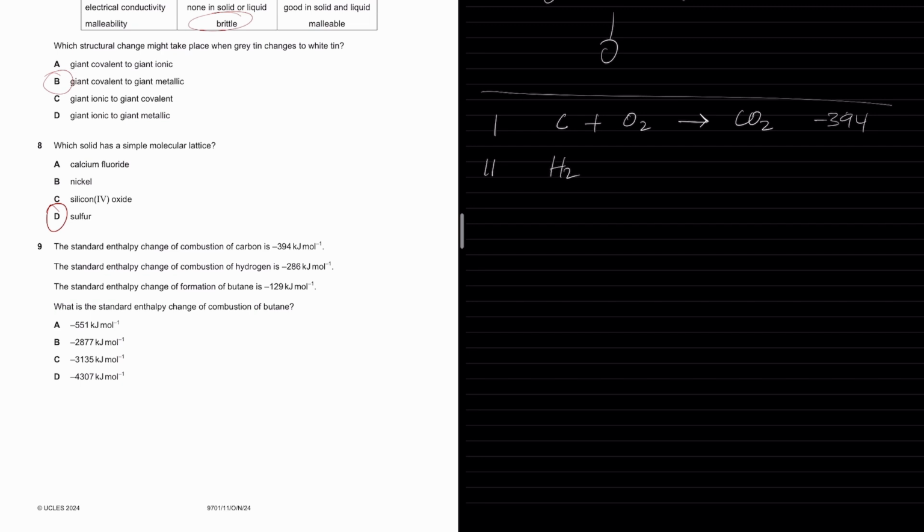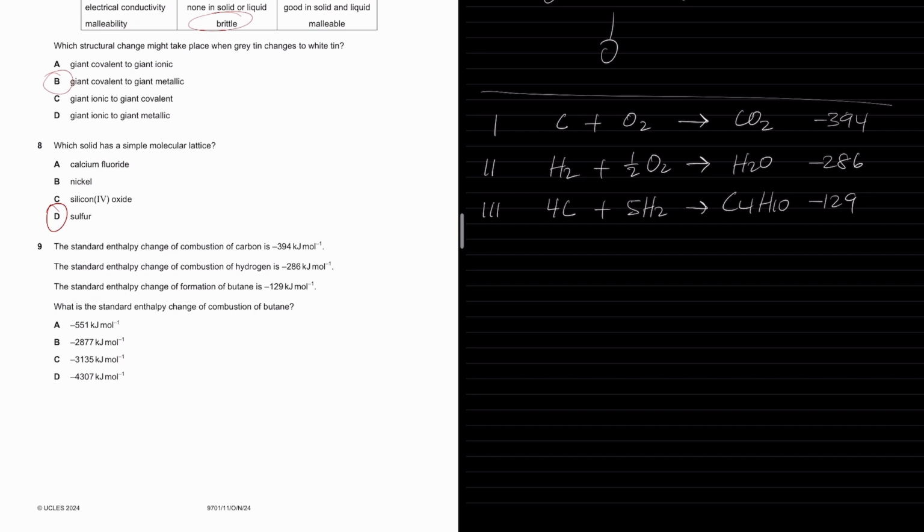So H2 plus half O2 gives me H2O, and that's minus 286. Then reaction 3, the standard enthalpy change of formation of butane. So 4C plus 5H2 gives you C4H10, and that is minus 129.